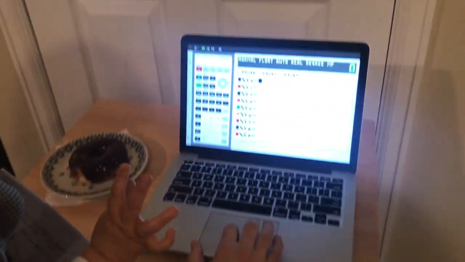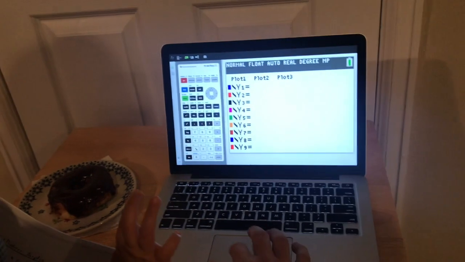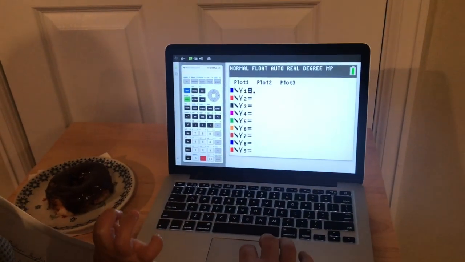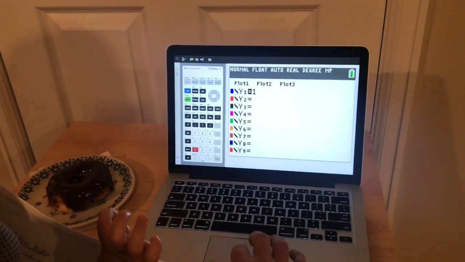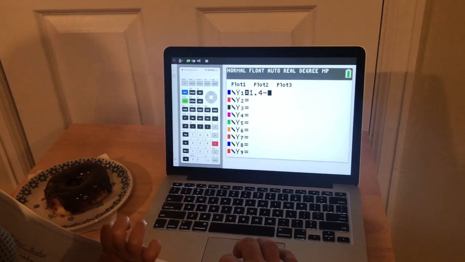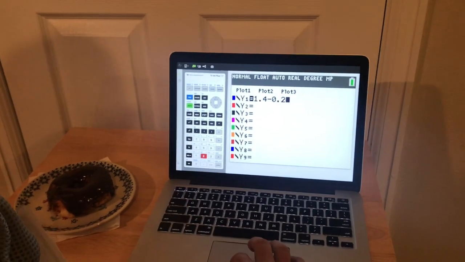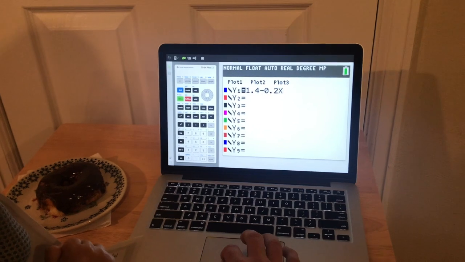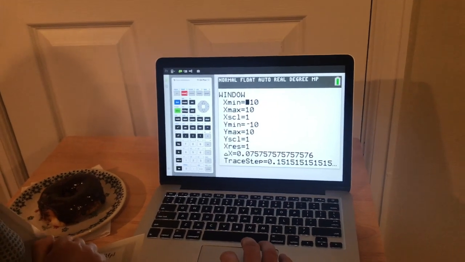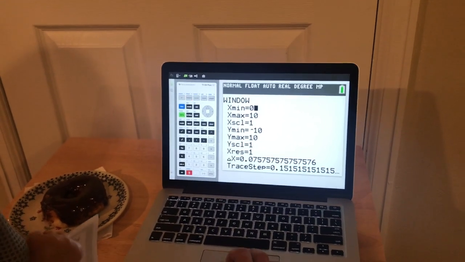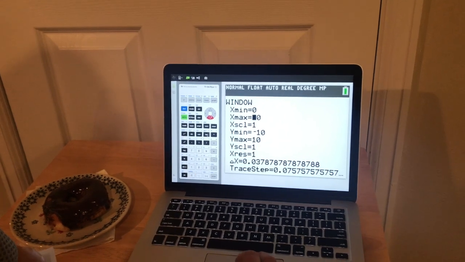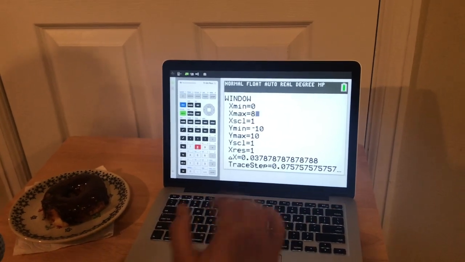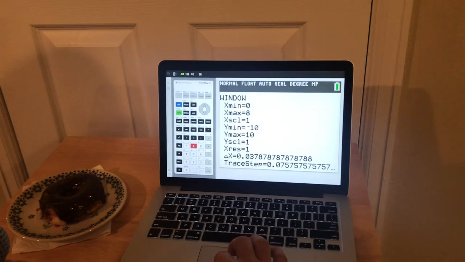Okay, so we are going to graph 1.4 minus 0.2x, on the interval from x going from 0 to 8. I know that's a good choice because I've looked at this graph already.